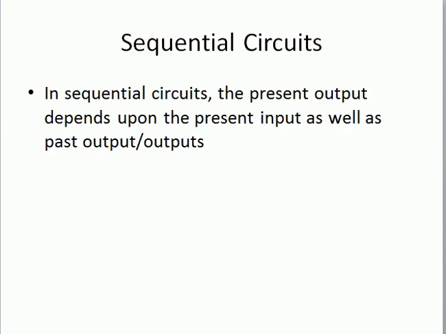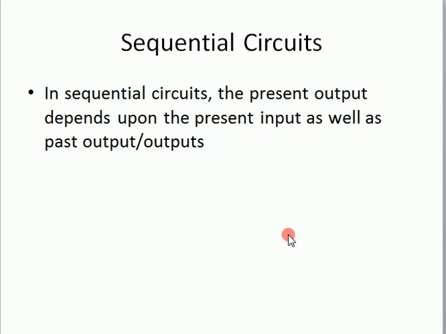Basically in combinational circuits we have only gates, and by using those gates we can implement a Boolean expression. But in the case of sequential circuits, the output always depends upon the input. Now what output and what input?